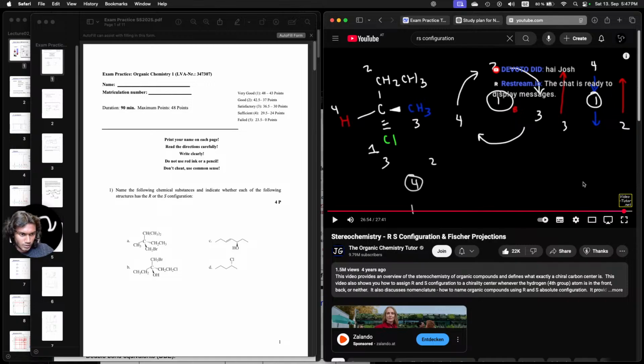The chlorine is at the bottom. Okay, now we shift in a way that chlorine is at the top.